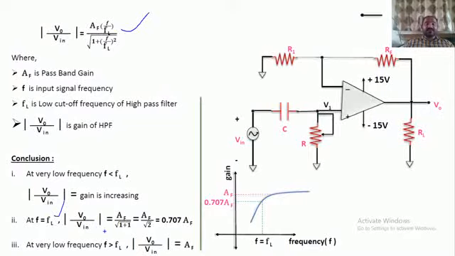Now if f is much greater than fL, the third assumption, if the input signal frequency is very much greater than the low cutoff frequency of the high pass filter, then simply concentrate on this equation and substitute f greater than fL in it. What will happen? f by fL is some big value, and in the denominator, since f is greater than fL, this factor will be large.